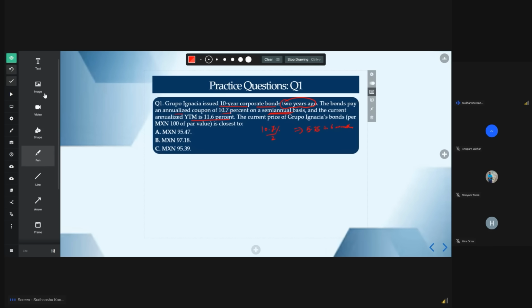The current price of the Grupo Ignacia bonds per MXN 100 of par value is closest to... Now, this is tricky, right? This is how the question comes in the exam, guys.